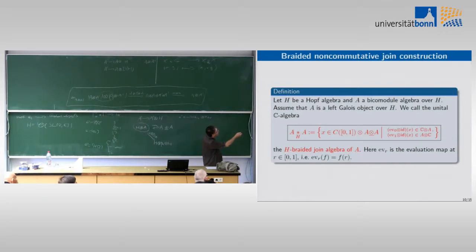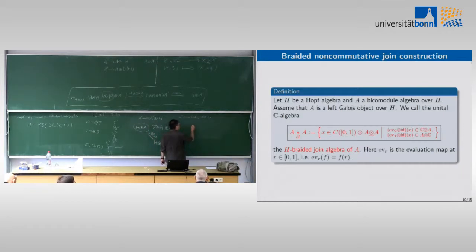I want to have that this A is a bicomodular algebra over H, which means that these left and right coactions commute. So they are still completely independent input datum. The left coaction does not induce the right, and the right does not induce the left. They are totally independent, but I assume that they commute.